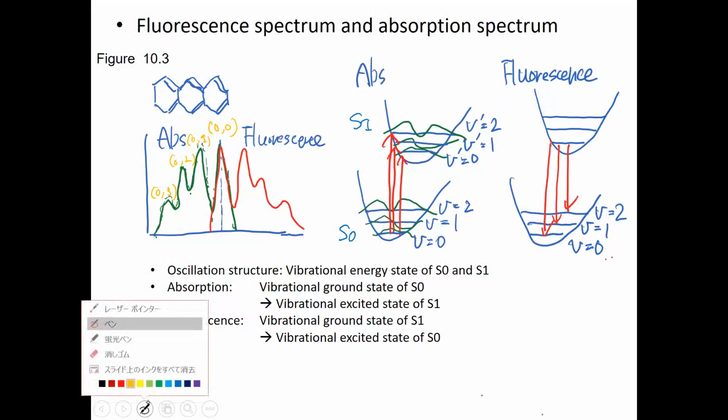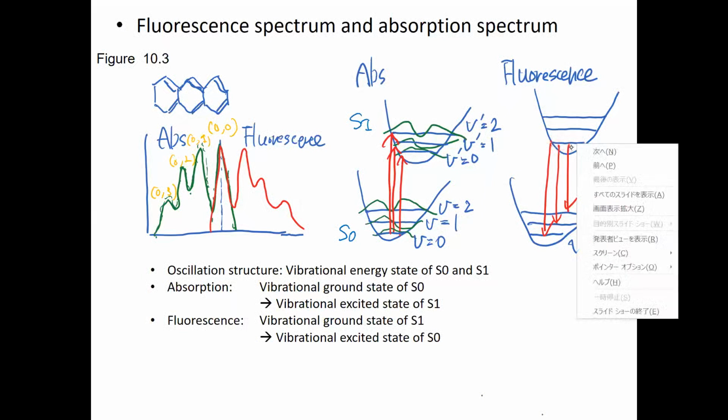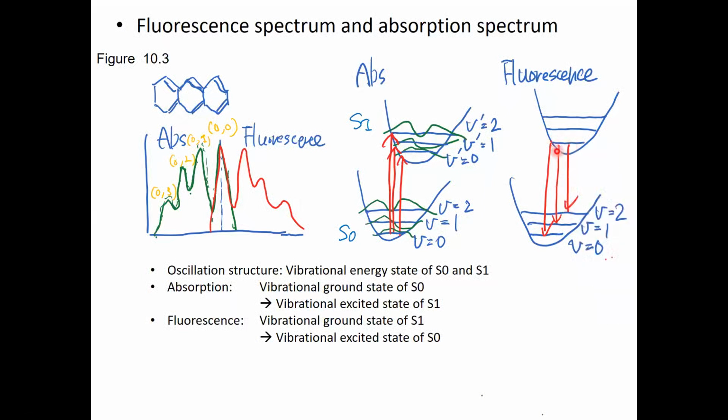On the other hand, thinking about the fluorescence spectrum, fluorescence mostly comes from the vibrational ground state of the S1 state. However, it can go to, of course, V equals 0, V equals 1, V equals 2, right? That's why, same as the absorption spectrum, the fluorescence spectrum also has some oscillation.